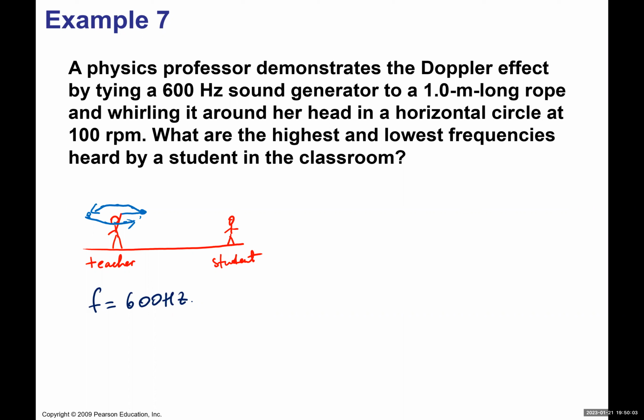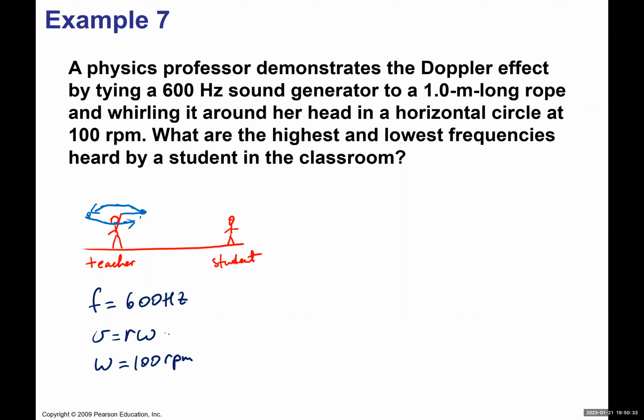Because we are given the radius as well, we can easily calculate that using v equals r times omega. So basically we are given omega here, which is 100 RPM. RPM is not necessarily the unit that we want when calculating the tangential velocity, so we need to convert that to radians per second.